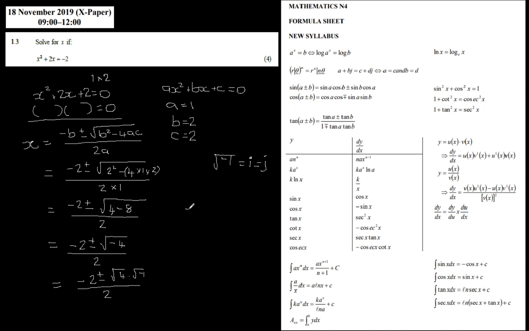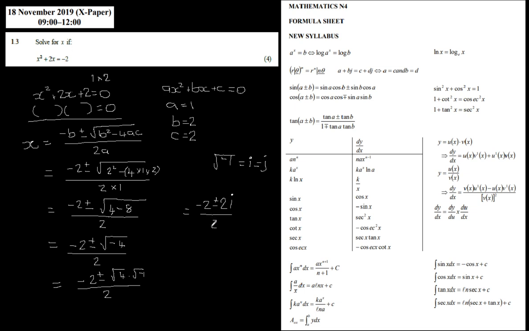If I took that further, it will still remain minus 2, then I will have plus minus. The root of 4 is 2, and then the negative root I will change to i, all over 2.